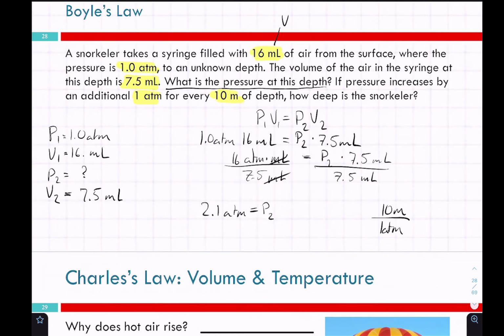Because we started at 1 and we only went up by 1.1, we increased by 1.1 atmospheres. Then we multiplied that change in pressure by this 10. So we went 11 meters. So the atmospheres cancel out. Because if you had gone down 20 meters, then the pressure would have increased by 2 atmospheres, so we'd be at 3 atmospheres.